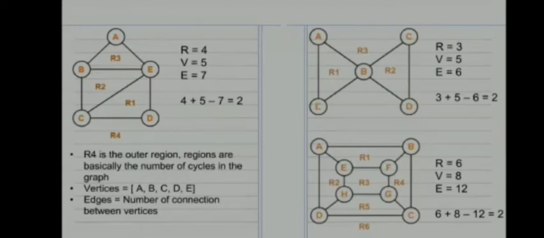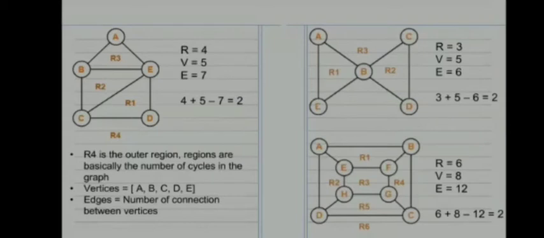Then when we take our third example, we have a total of 6 regions: R1 being AEFB, R2 ADHE, R3 EHFG, R4 BFGC, R5 HDGC, and finally R6 being the outermost region.